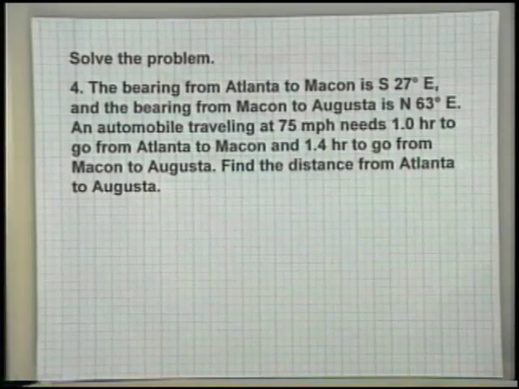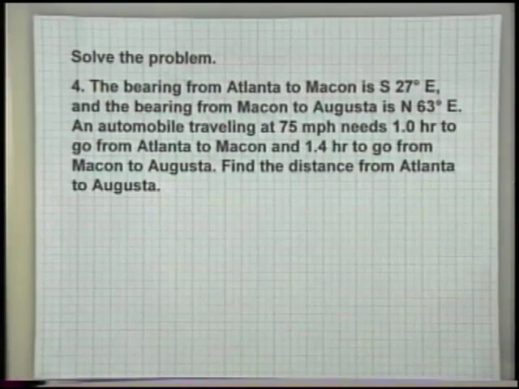Now I'd like for us to work a bearing application problem that uses the two-directional system for bearings. Says the bearing from Atlanta to Macon is south 27 degrees east, and the bearing from Macon to Augusta is north 60 degrees east.